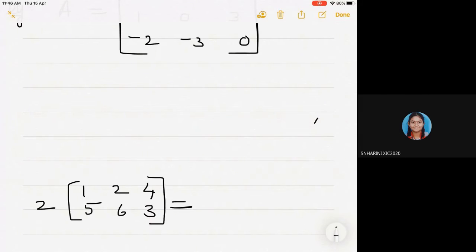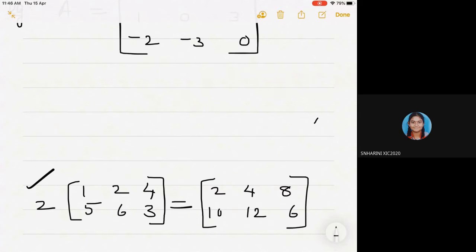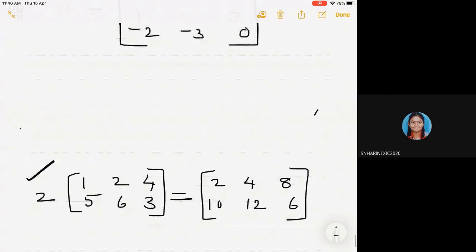Scalar multiplication means every element of the matrix is multiplied by the scalar, here 2. So ultimately what you are getting is 2 into 1, 2, 2 into 2, 4, 2 into 4, 8, then 10, 12, 6.